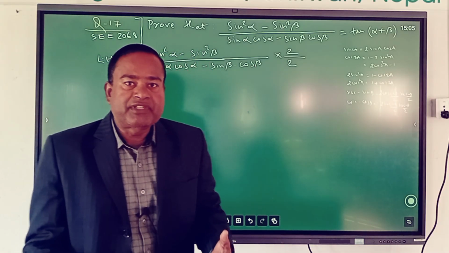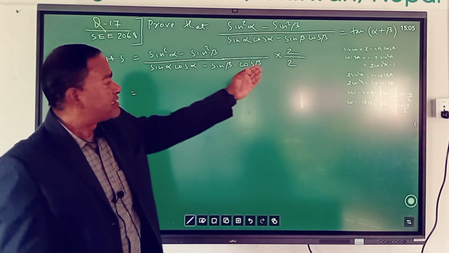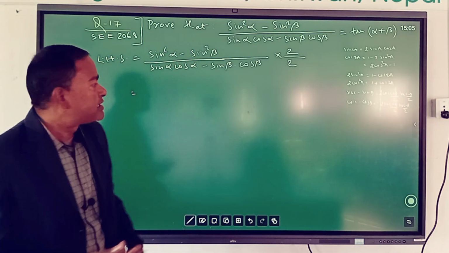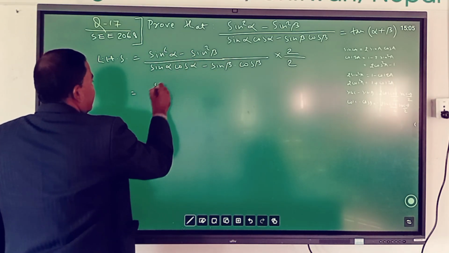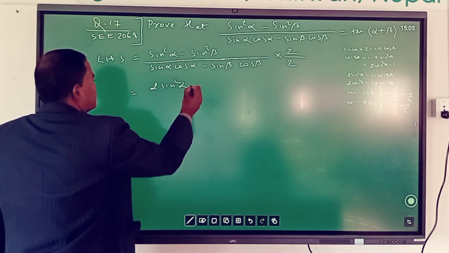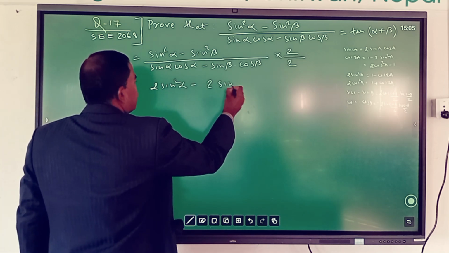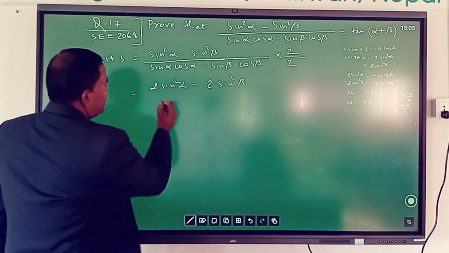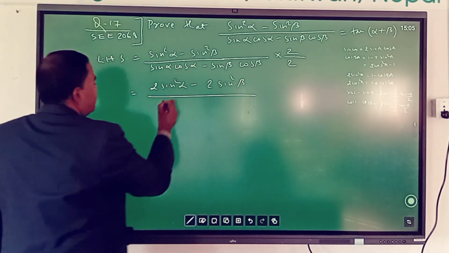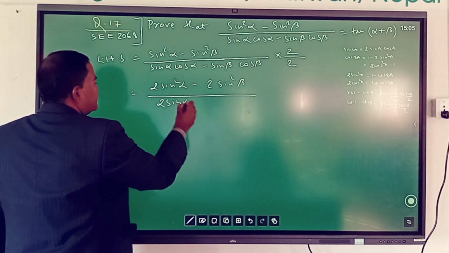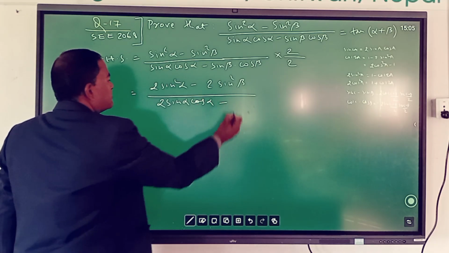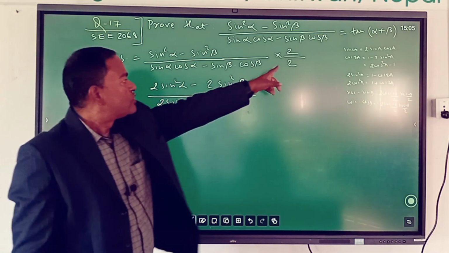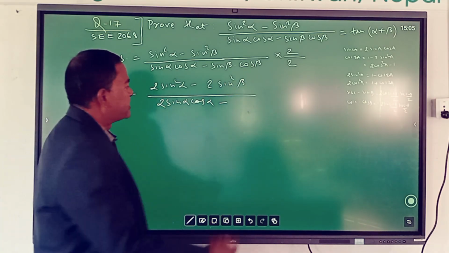Then we will get 2 sin²α − 2 sin²β divided by 2 sin α cos α − 2 sin β cos β.